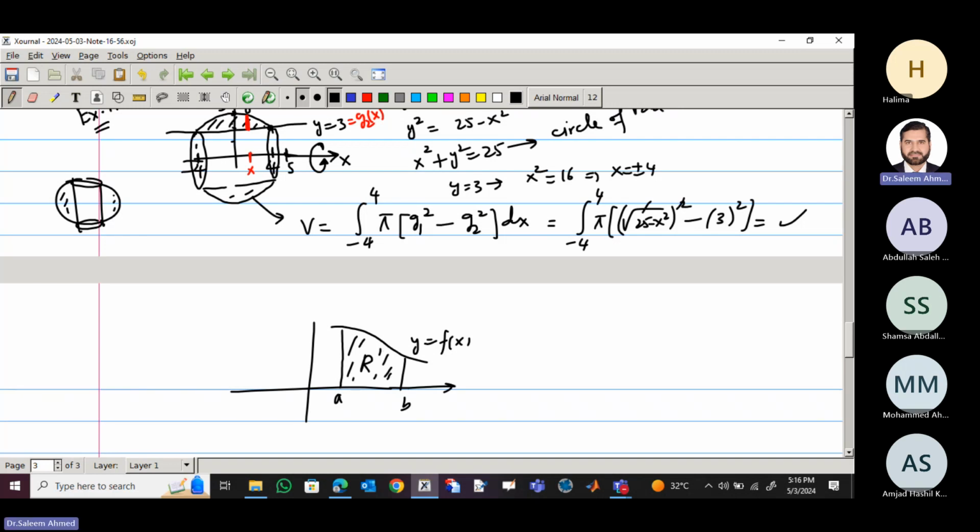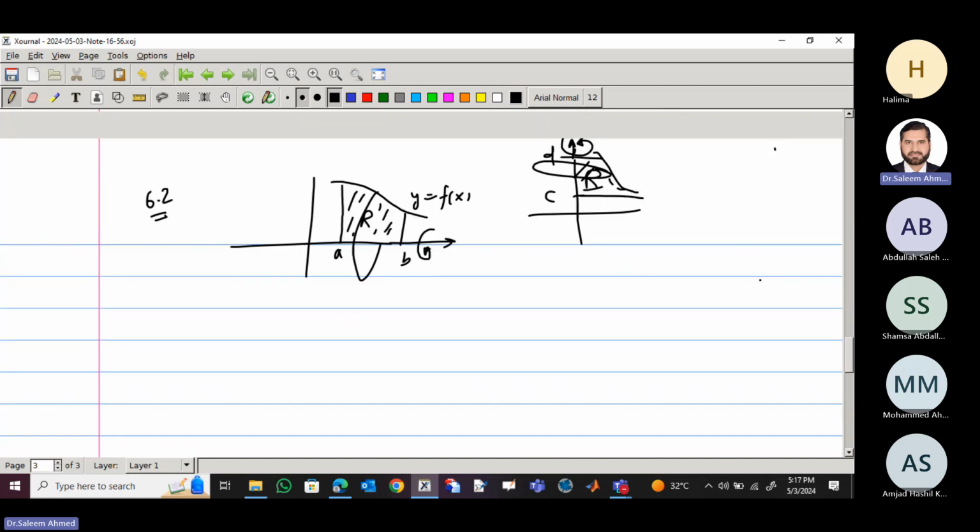When the region is given along x-axis, we rotate about x in 6.2, right? And if the region is given along y-axis, let's say if I'm given the values of y from C to D, the region is along y-axis. If it is along y-axis, I will rotate it about y-axis, right? I will rotate it about y-axis. Things will become here, things will go there. This is the simple thing which we did in 6.2.